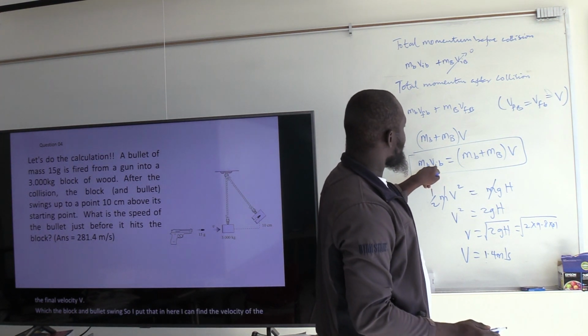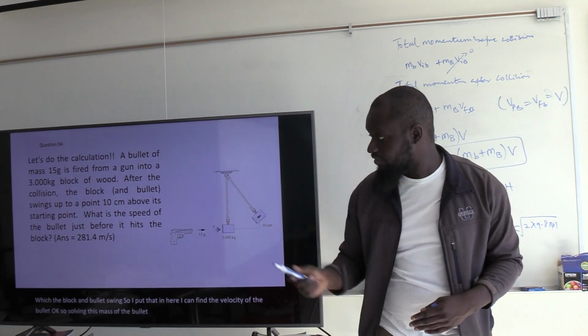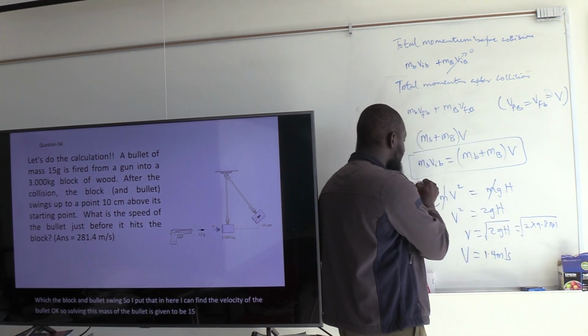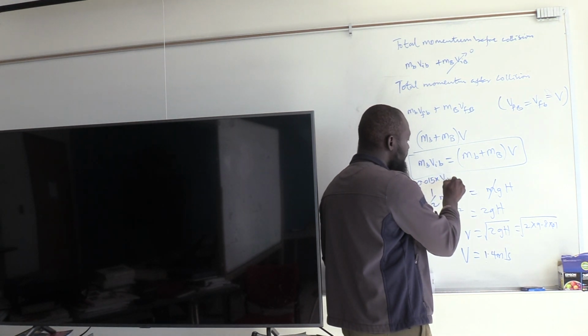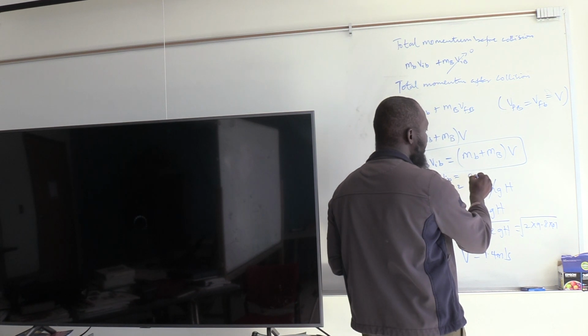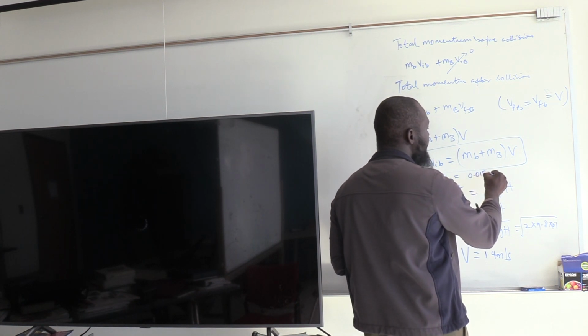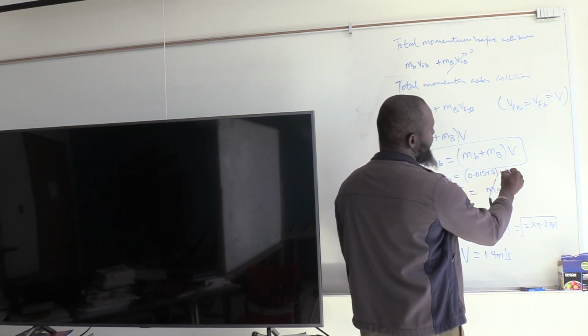Solving this, the mass of the bullet is given to be 15 grams, 0.015, times the initial velocity of the bullet, equals the mass of the bullet plus the mass of the block, 0.015 plus 3, times the V we just got, 1.4.